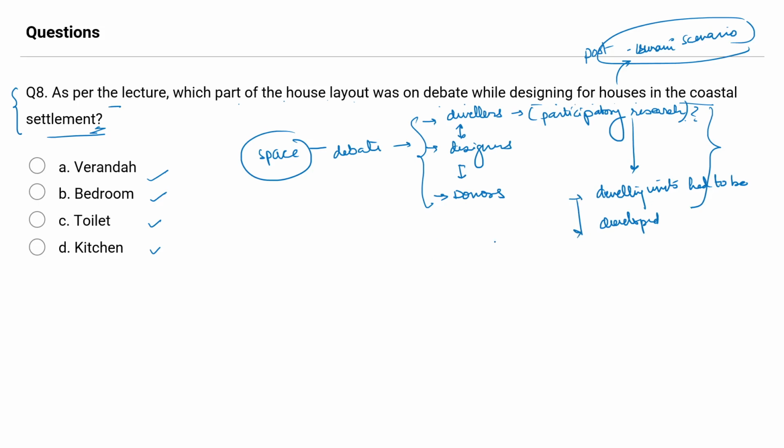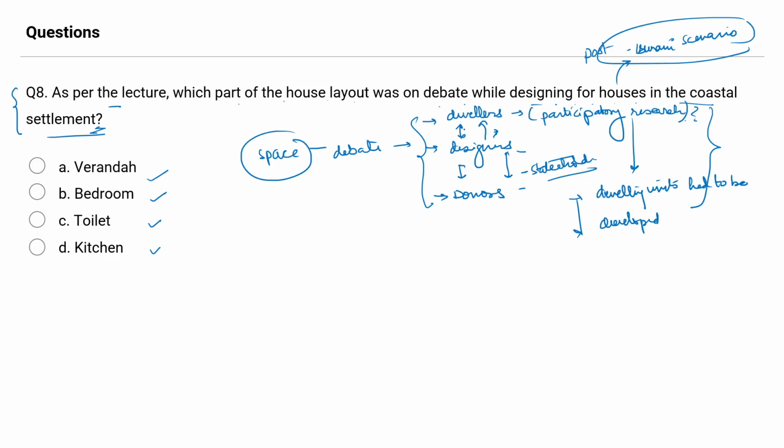In this scenario, the designers were being associated with the donors. There were different stakeholders. But the designers were also doing participatory research, which means that they were reaching out to the dwellers, the people who will be using it in future, and taking frequent inputs.